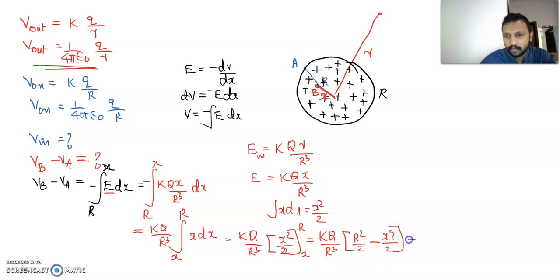Then the 2 can also be taken out. It will be kq by 2R cube into R square minus x square. Okay, this is the potential difference.